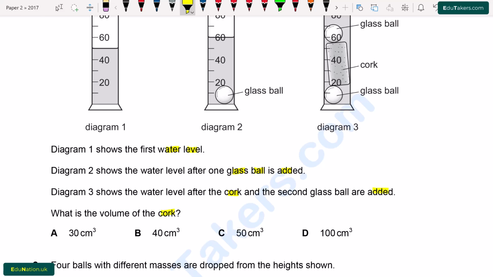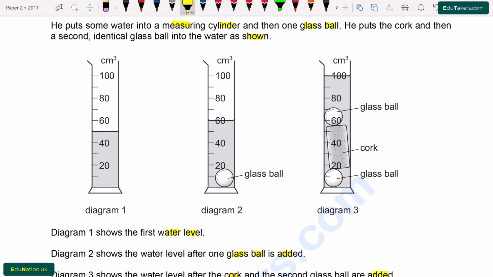So here we have to find out the volume of the cork. In diagram 1 we can see that initially the level of water is 50 cubic centimeter. So I write here volume of the water is equal to 50 cubic centimeter. In diagram 2, the water level increases when we place a glass ball in it. So it will be 60 cubic centimeter.